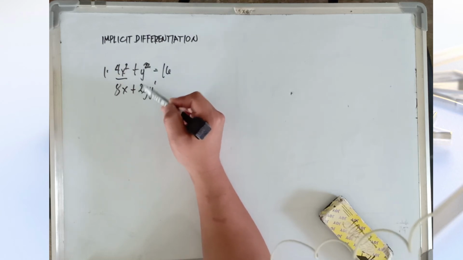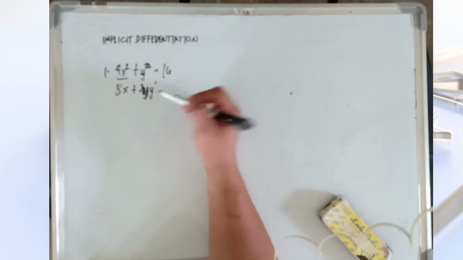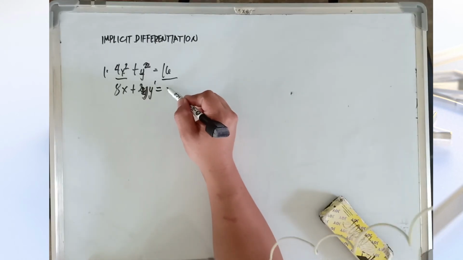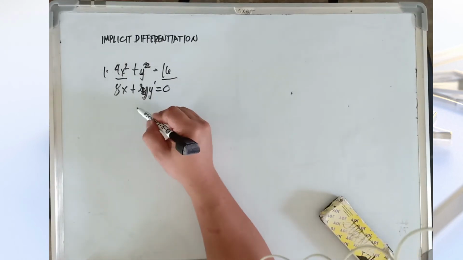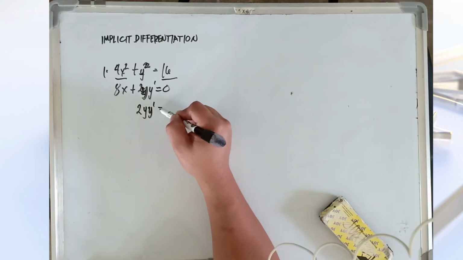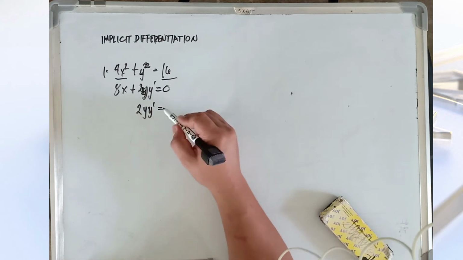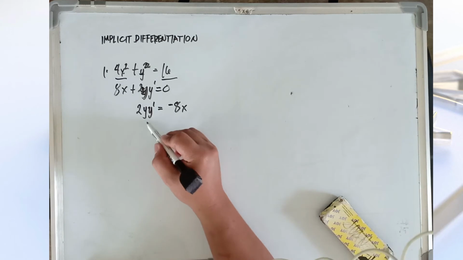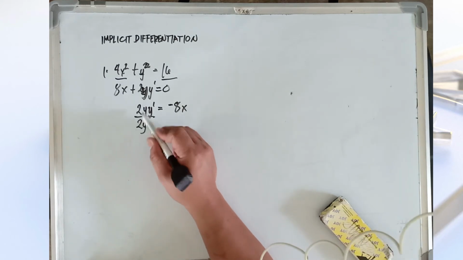Bring down your 2, copy the base y, then don't forget to get the derivative of your y. And the derivative of your y is y prime. Is equal to 16, which is, the derivative is 0. Then isolating your dy over dx or your y prime in the left side of the equation, we have this form. Then let's divide both sides by 2y.